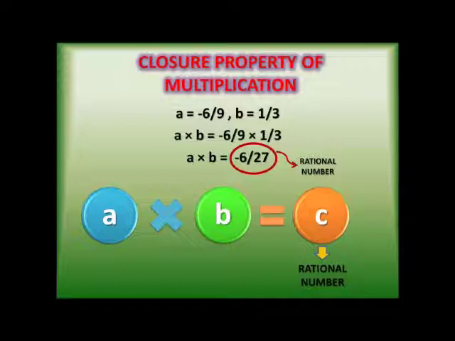Here also, even if you consider 0 as one of the two rational numbers, the result will be 0, which is a rational number. Hence, closure property holds good for multiplication also without any exception. If we take any two rational numbers, the multiplication result will also be a rational number, or we can say a into b is equal to c, where c is a rational number.